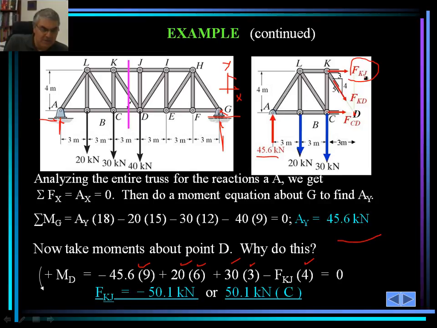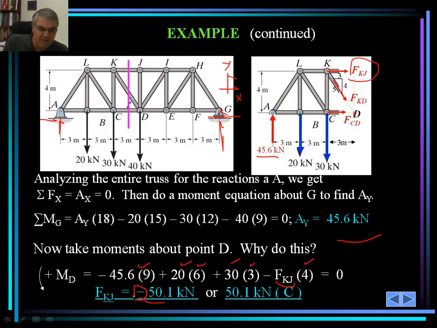F sub kj is unknown, is causing a clockwise moment about point D, so it is shown by a negative number. We have one equation, one unknown. We can easily solve for F sub kg. If we solve that, it's going to be minus 50.1 kilonewton. It's actually in compression because the original assumption we made was we assumed member kg is in tension, and after we went through our calculations, we got a negative number as the force in a member.